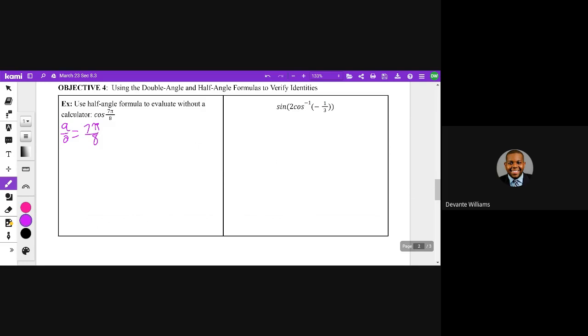We want to find the angle alpha. How do we do that? We multiply by 2 on both sides. So we get 14 pi over 8, which simplifies to 7 pi over 4. That's the angle.